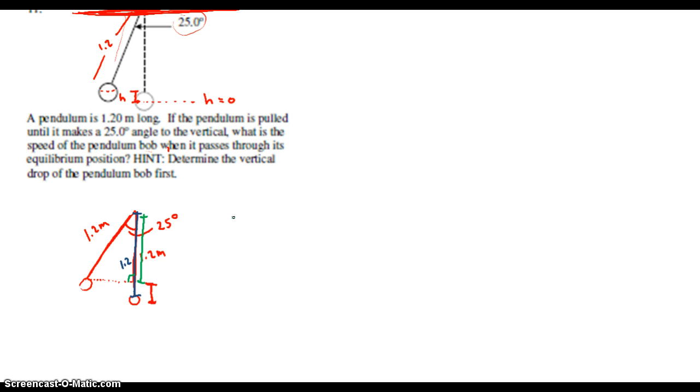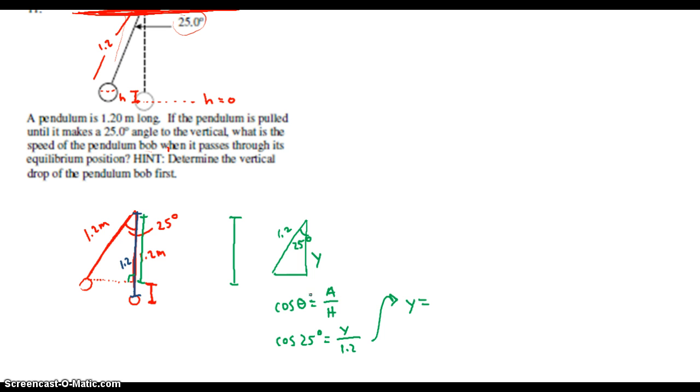So to find the green part, we can say 1.2, 25 degrees. I can find what this side is, I'll call it y, by using cosine. It's adjacent over hypotenuse. Cos of 25 degrees. My adjacent side is y. My hypotenuse is 1.2. So we find y to be 1.09.